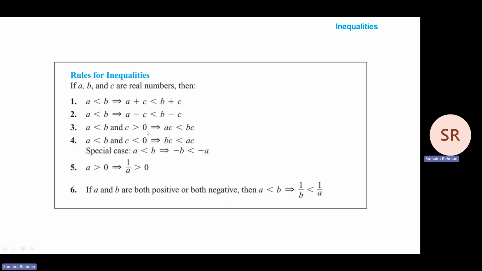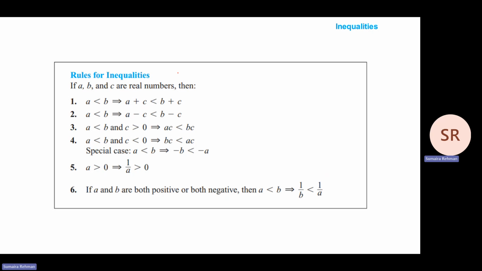For example, if we assume that A is 1 and B is 2, and we multiply by the same quantity, let's say C is 5, then we get 5 is strictly less than 10. Let me write it over here so it will be easy to understand.